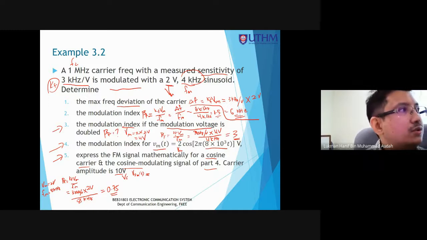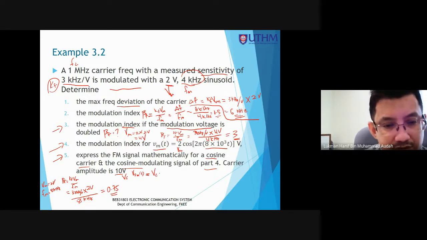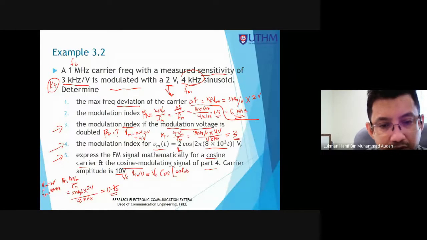So dia nak gunakan Vc cos omega cT, so this is 2 pi fcT, plus beta f plus Kf VmT. Tadi beta kita dah dapat tadi. So we already get the beta parameter actually. So this is actually Kf integral of theta prime t.